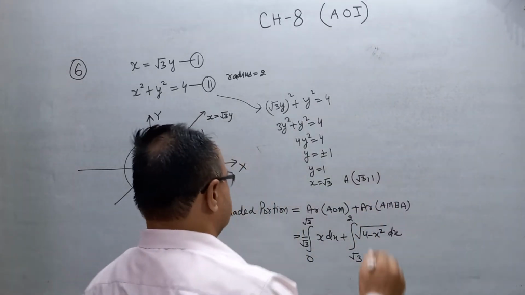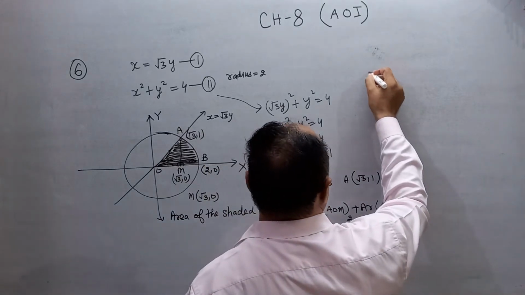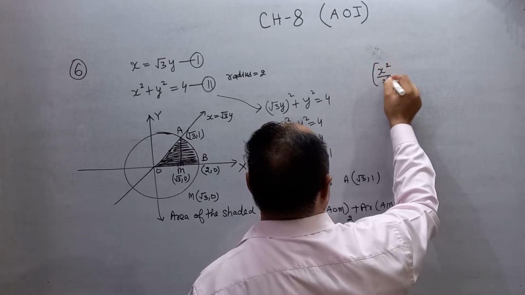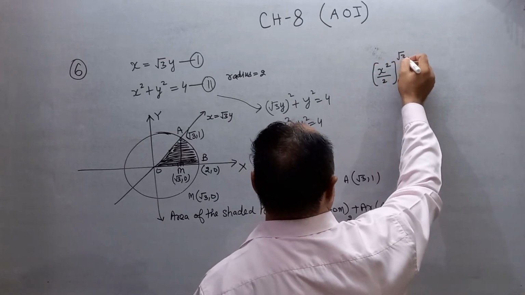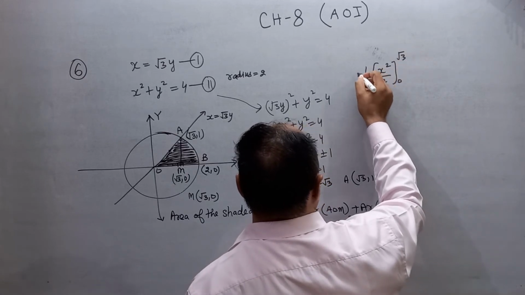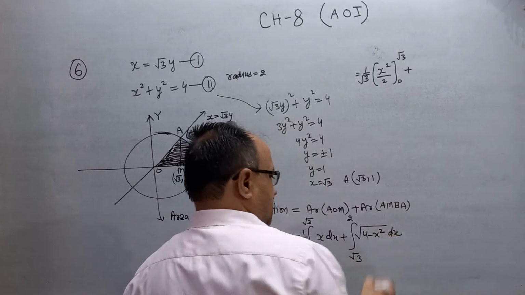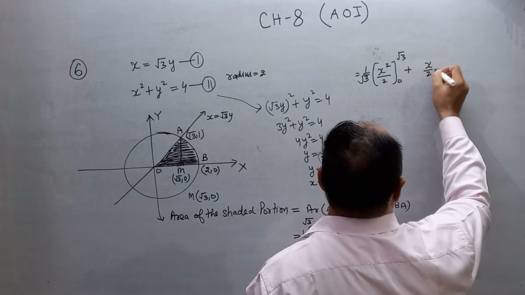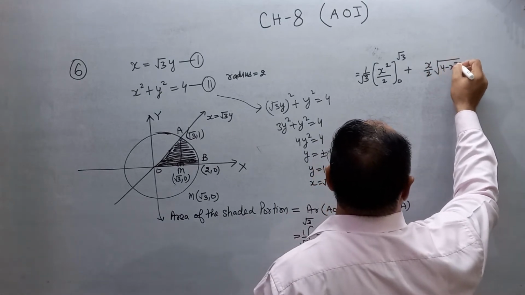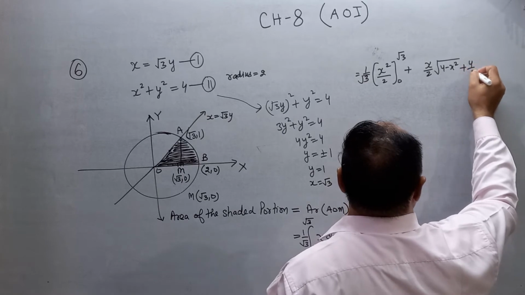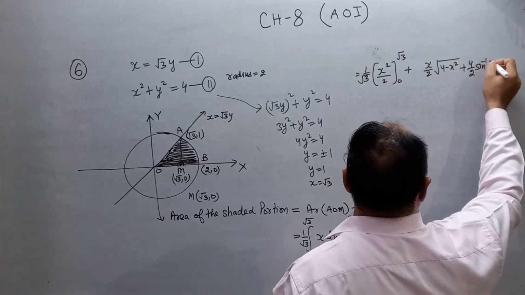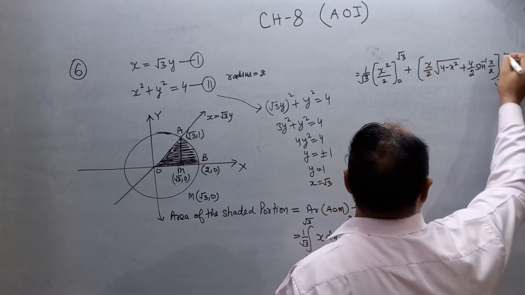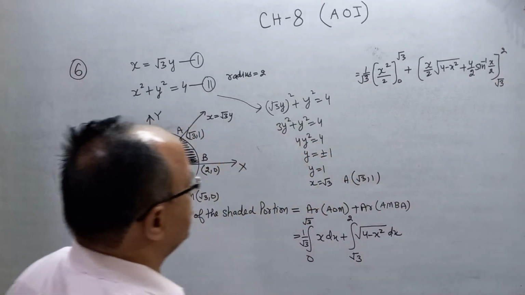You know that the integral of x is x square by 2, limit 0 to root 3, and 1 by root 3 outside, plus the integration of root a square minus x square, you know very well, that is x by 2 root 4 minus x square plus a square by 2 sine inverse x by a, and the limit root 3 to 2.